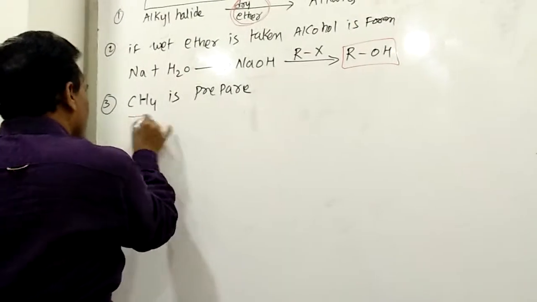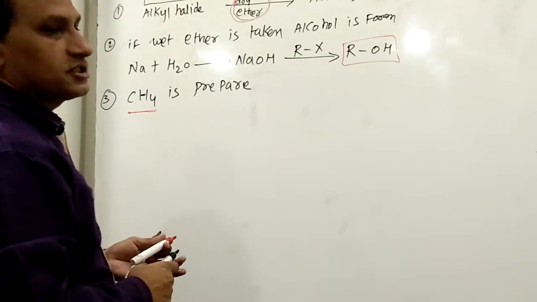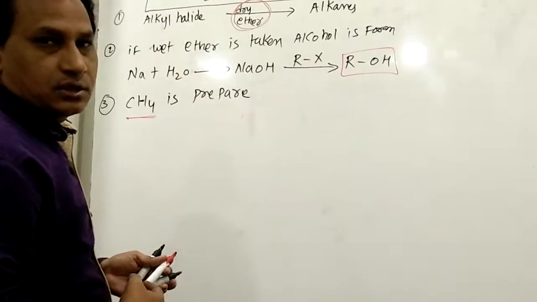Most of the Wurtz reaction prefers symmetrical alkanes.